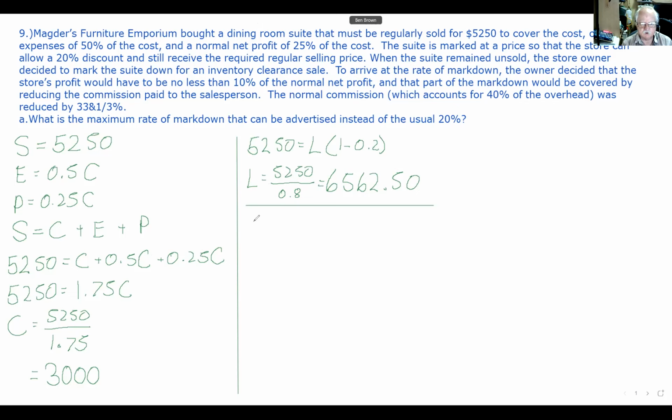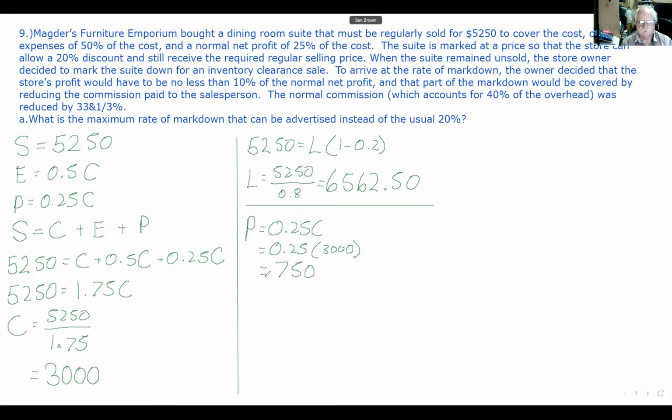What do we know about profit? Profit equals 0.25 cost, which was 0.25 times 3,000. So what is that? 0.25 times 3,000 is 750.